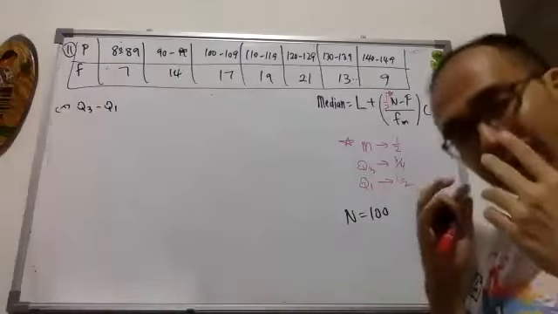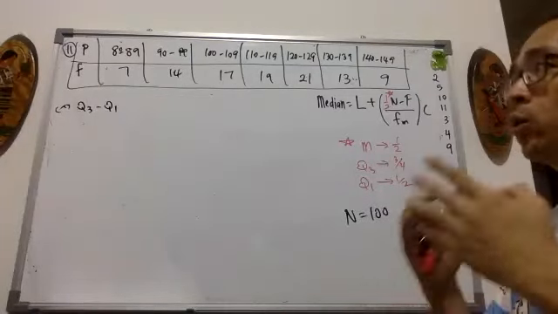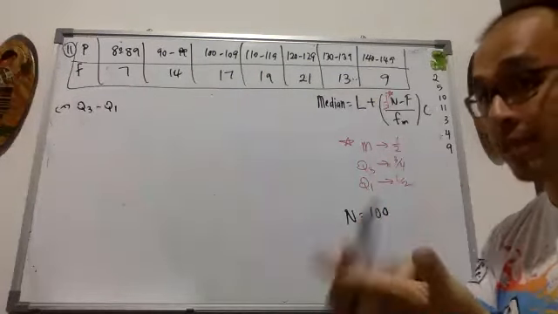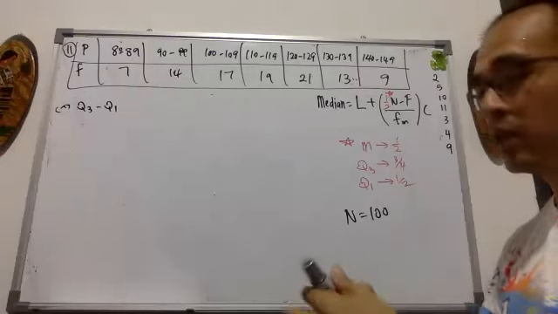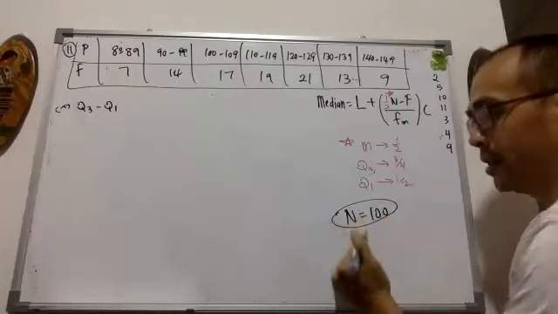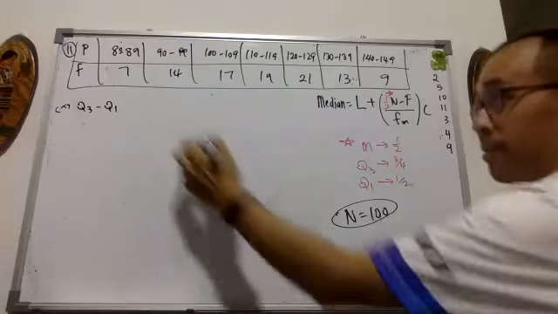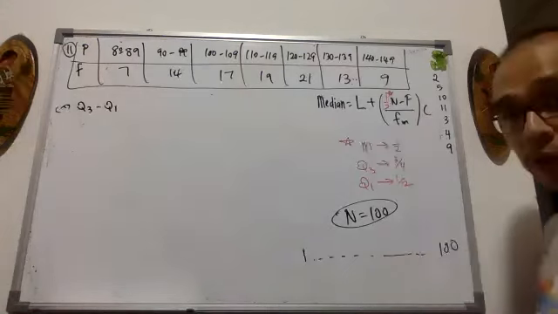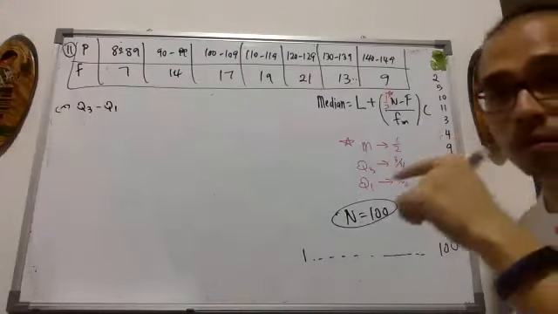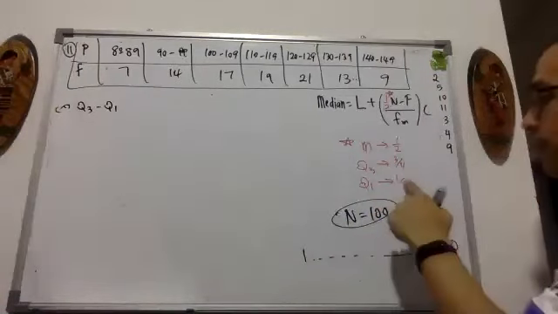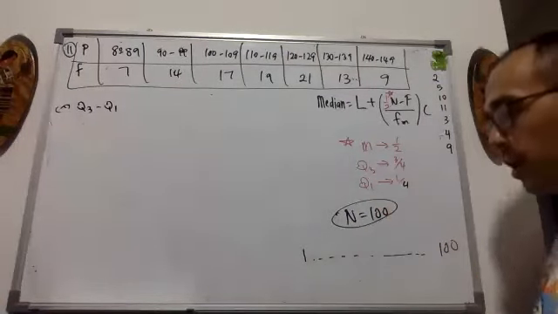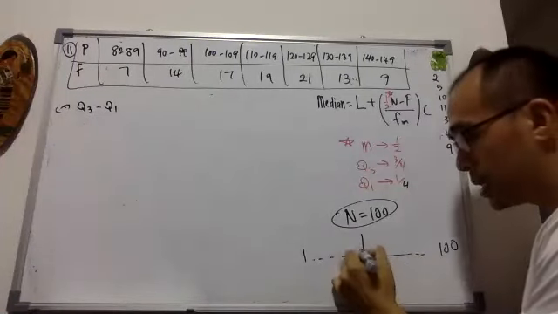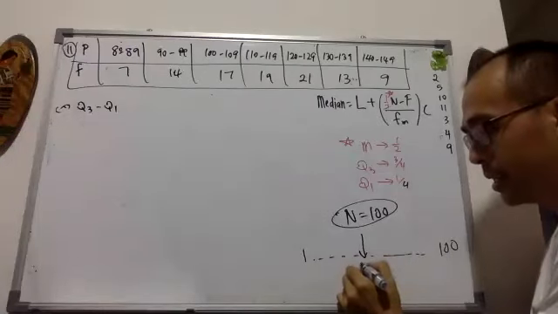The second step is we identify where the third quartile class, the median class and the first quartile class are. If your total is 100, it means you have the first person until the 100th person. The median is the person in the center, which is the 50th person.